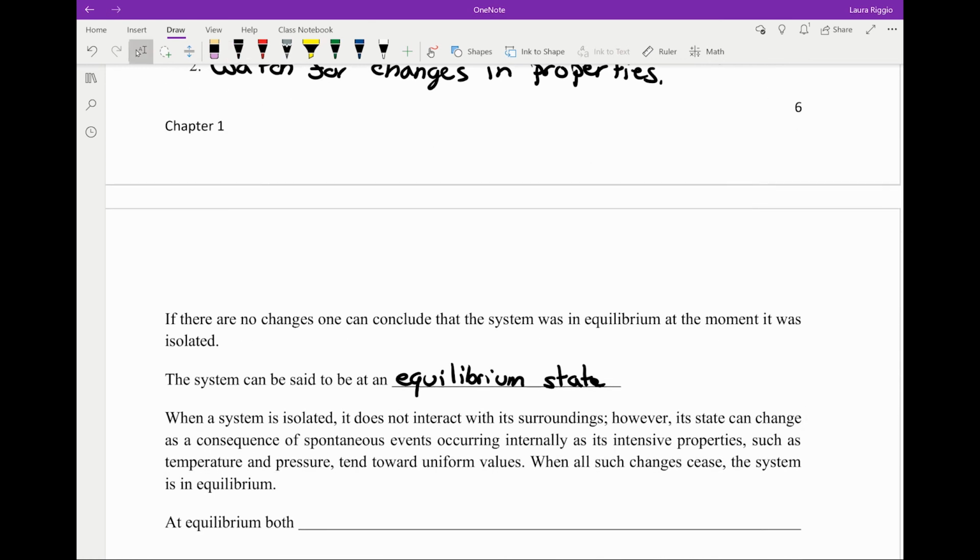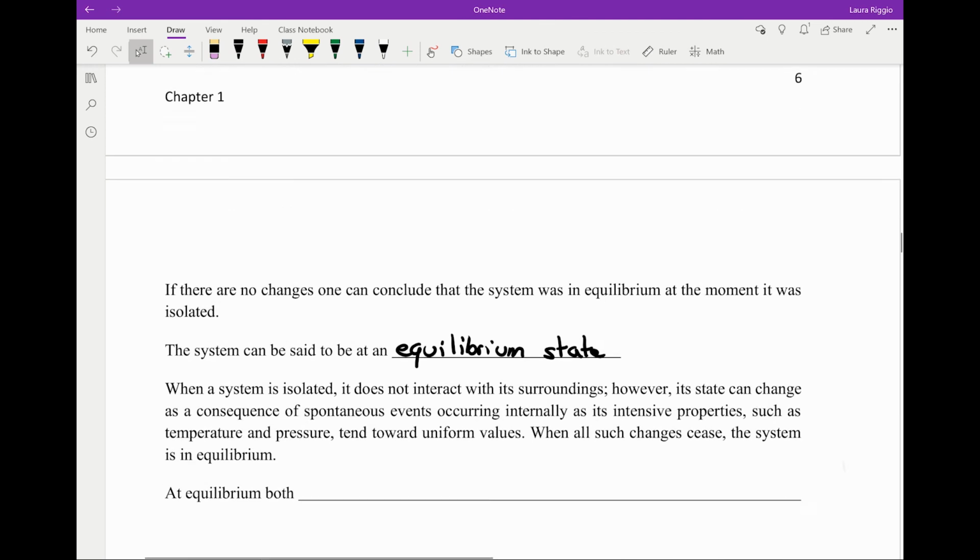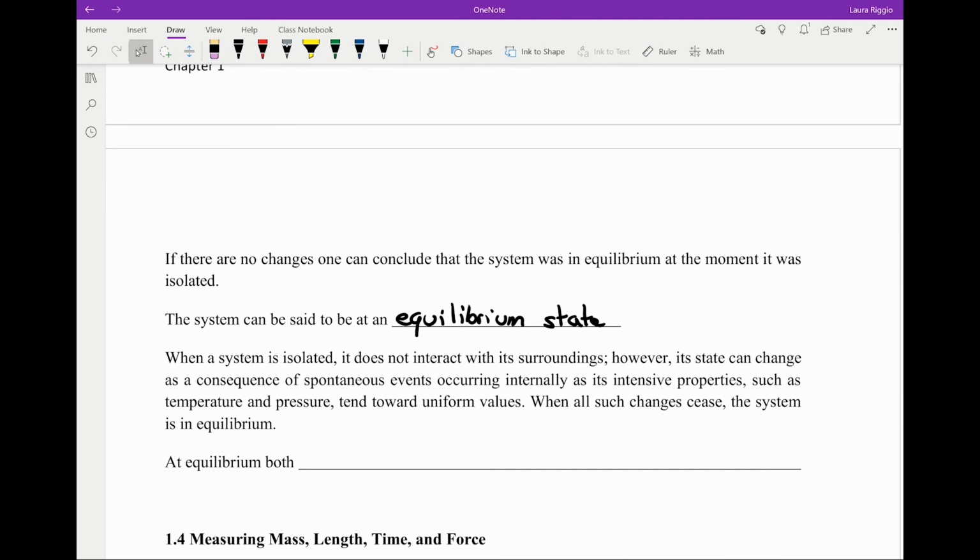When a system is isolated, it doesn't interact with its surroundings. However, your state can change due to spontaneous events occurring internal to the system and its intensive properties, such as temperature and pressure, which are going to tend towards uniform values. So when all such changes stop, the system is said to be in equilibrium.